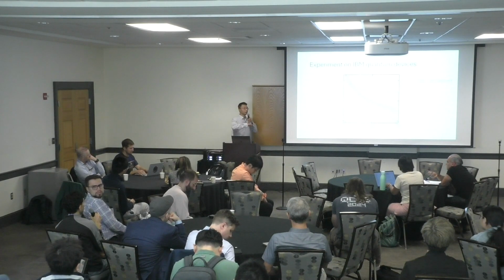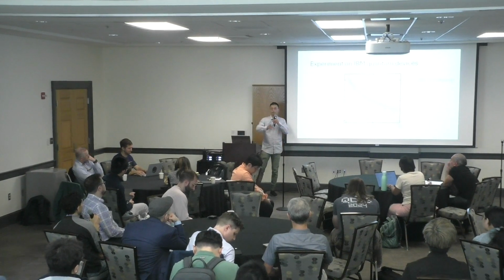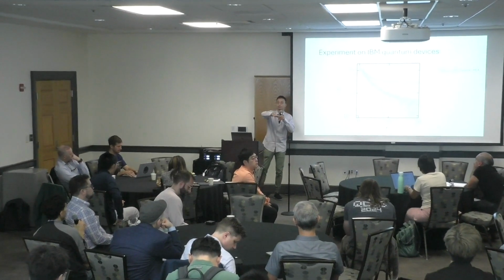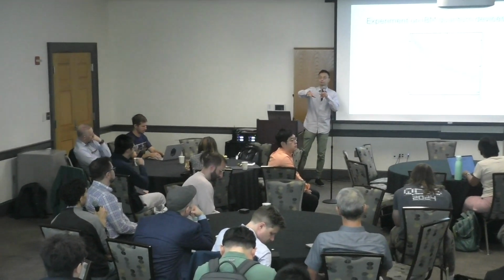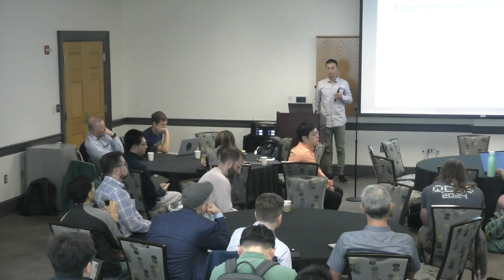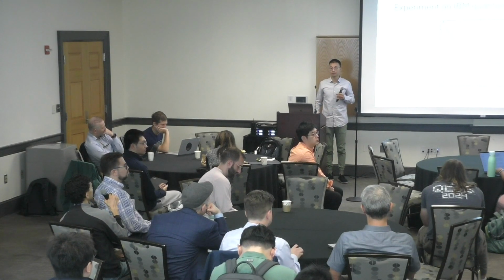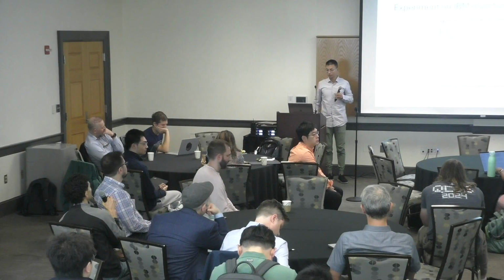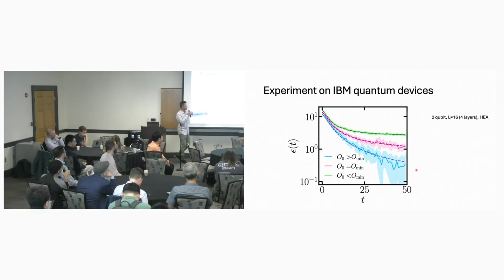If the target is below the minimum, although you cannot reach the target value, you will reach the minimum achievable value. So you still converge to the state you want. Okay, so the target is O0? Yes, O0 is the target value, and O min is the minimum value of that observable you are looking at. Okay, so you see the fastest convergence rate when it's above the minimum then, right?